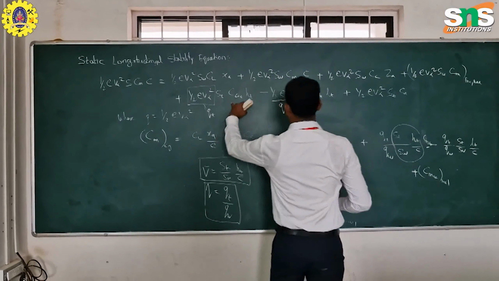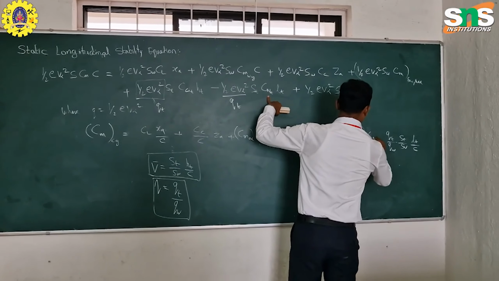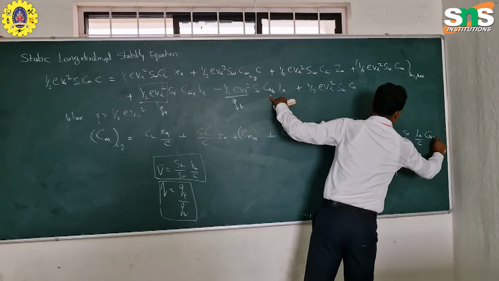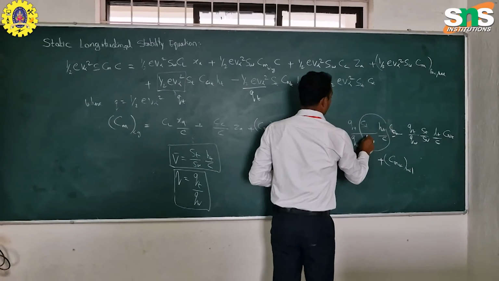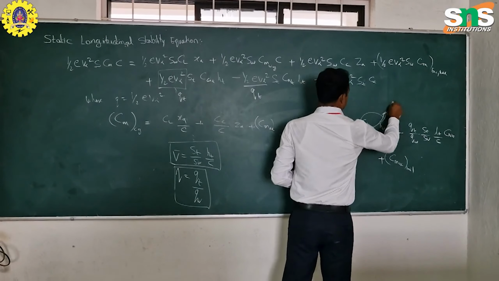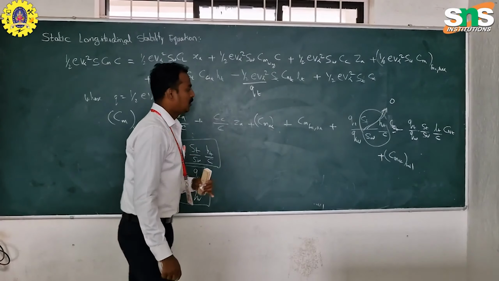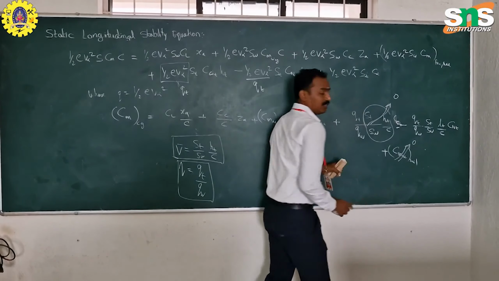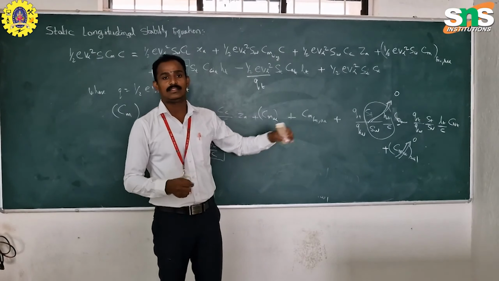This is the chordwise force. This is the normal force. So this chordwise force, and here this term, that is the coefficient of normal force. So this is very small, so we will neglect this as 0. Very small. Also this tail moment is very small, and we are neglecting that also as 0.